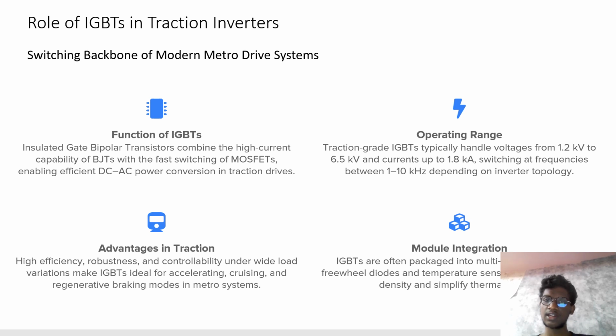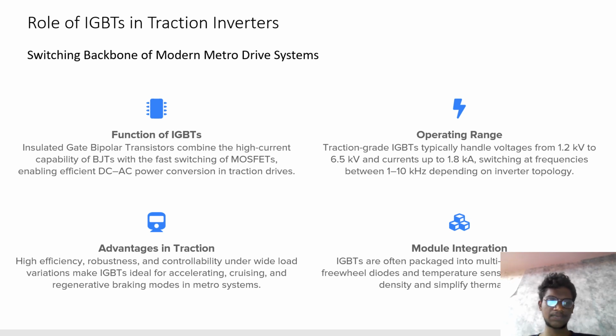Operating range: traction grade IGBTs typically handle voltages from 1.2 kV to 6.5 kV and currents up to 1.0 kA, switching at frequencies between 1 to 10 kHz depending on inverter topology.